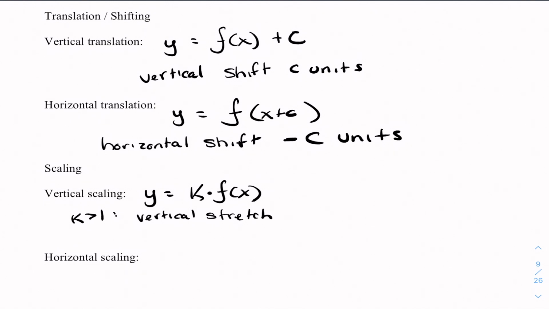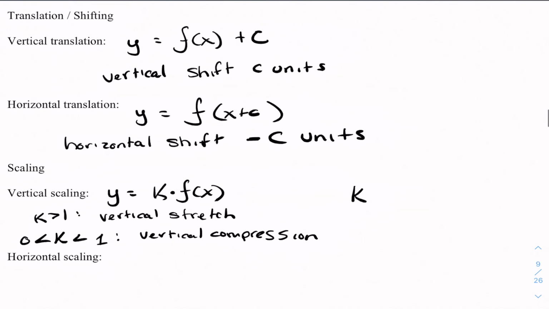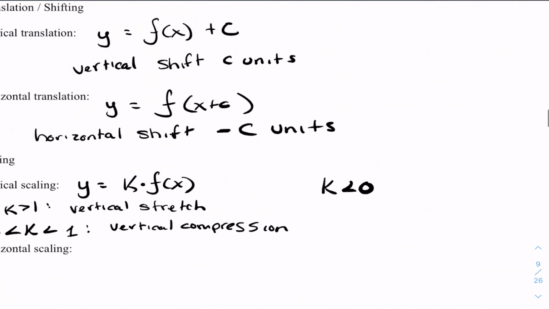If k is a fraction, so if k is between 0 and 1, we call that a vertical compression. And do note, if k is a negative number, so if k is less than 0, then that just flips the function over the x-axis.